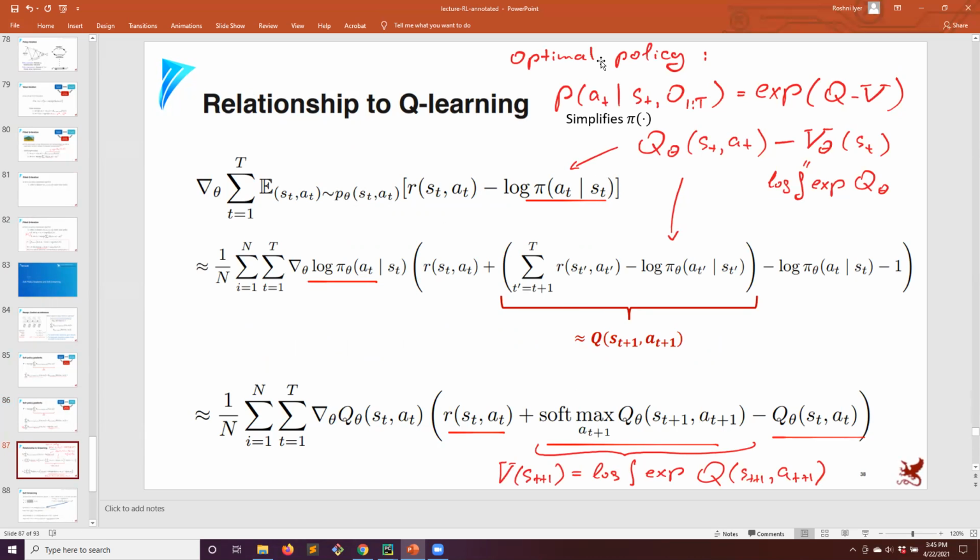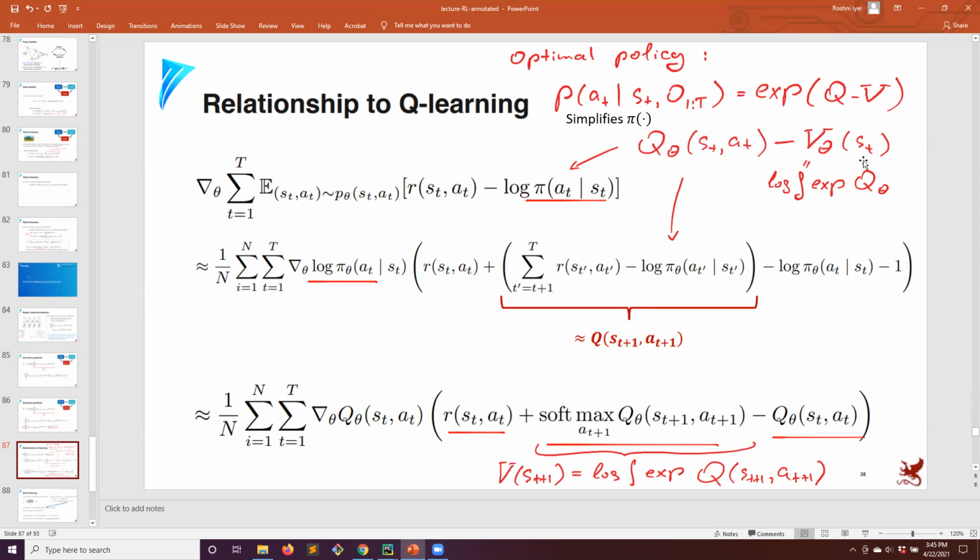One more thing we observe is that when we have this p, which is the optimal policy of the action given the state and the reward, remember we had said that this is the exponential of the Q function minus the V function, which is this line here.